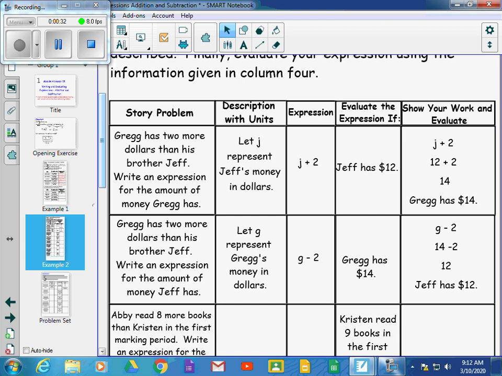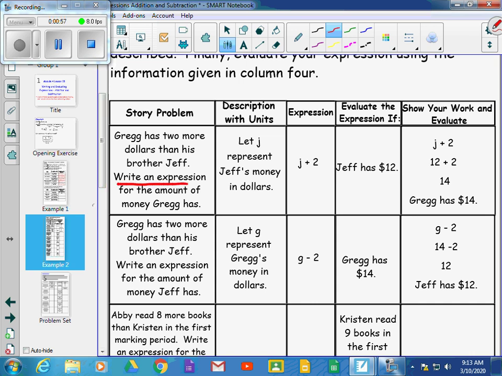If we look at the first example, it says Greg has $2 more than his brother Jeff. Write an expression for the amount of money Greg has. So what we have to do first of all is name a variable and what it represents with units. We're going to be using J to represent how much money Jeff has.